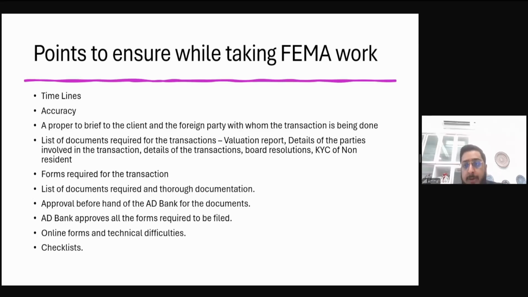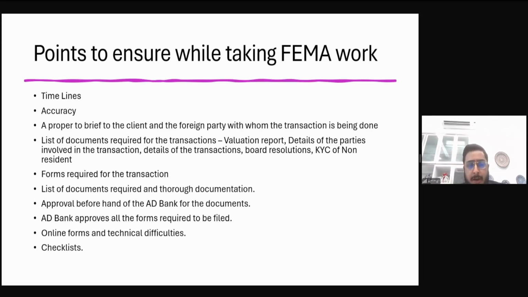Tell them about the whole transaction and send them the drafts of the documents, so that if there are any suggestions or changes, they can guide you, and then you can file the forms. Mostly all these forms will be approved by the AD bank, so it's better to get it vetted by the AD bank earlier.